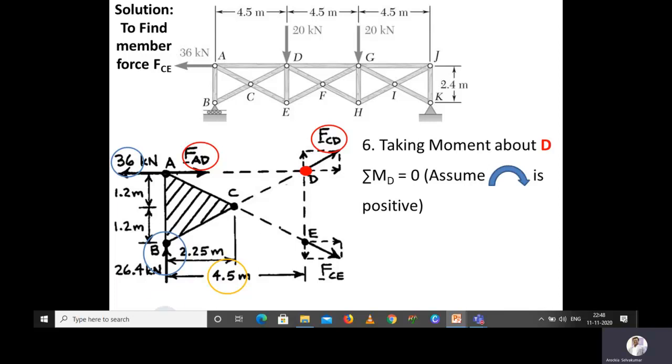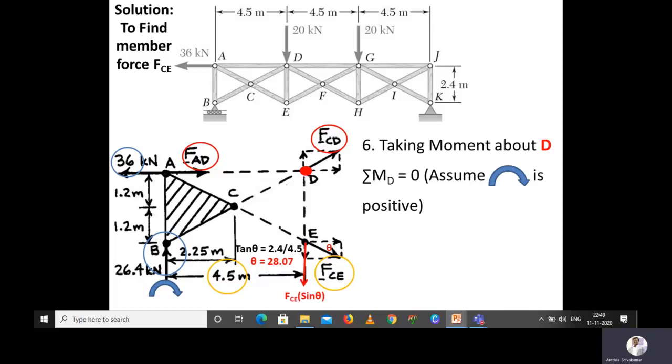And we are having another force, that is FCE. It is acting inclined, so it will have two components. So we have to calculate the theta. So as I said earlier, we can calculate tan theta. So tan theta is equal to 2.4 by 4.5. So we will get the value of theta is 28.07.